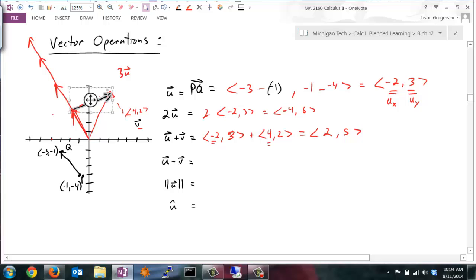So I can think of vector addition as the end point when I put them tip to tail. First I follow this vector, then I follow the other vector. This is where I end up. That vector is the sum. Any questions about that? So this vector right here is the vector that is u plus v.